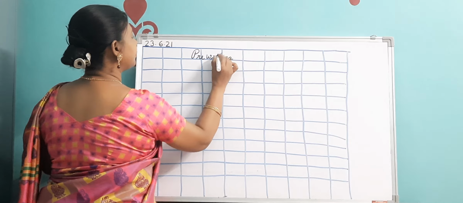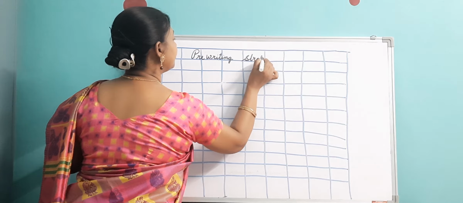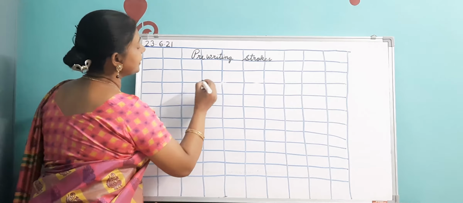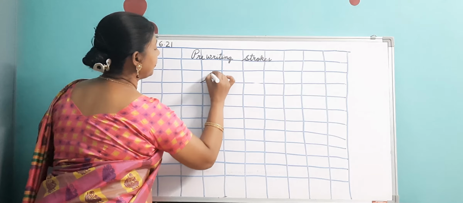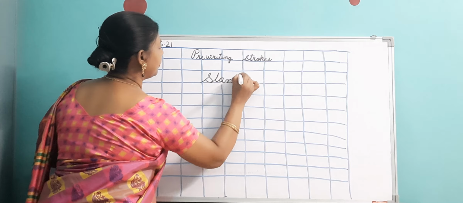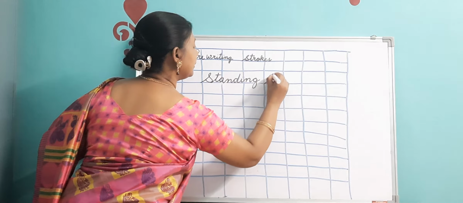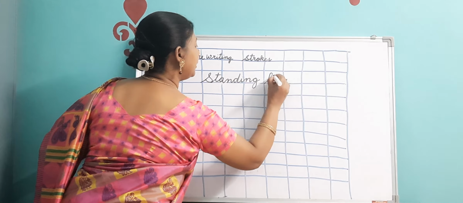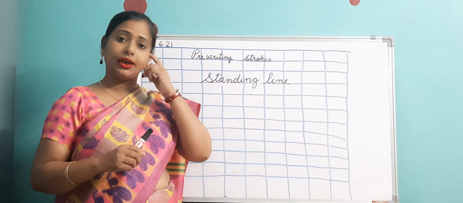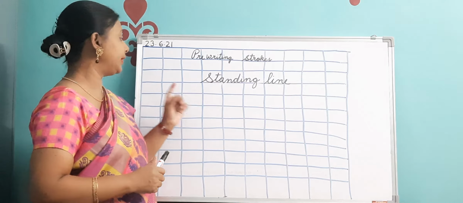And the very first stroke is standing line. We have already learned standing line in English, children, how to write within the four lines of the English copy. Now here I will show you how to write within the squares.